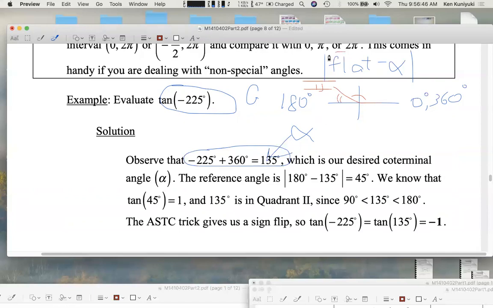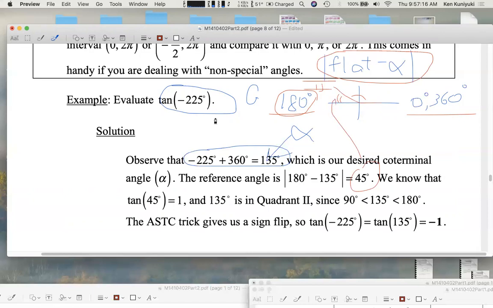We use this formula: the absolute value of the relevant flat angle minus our alpha, 135 degrees. What's the closest flat angle to 135 degrees? It's going to be 180 degrees. So we take the absolute value of 180 degrees minus 135 degrees. That's 45 degrees. That's going to be the reference angle.